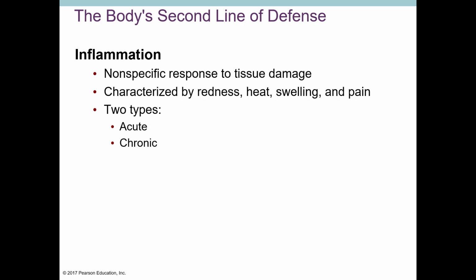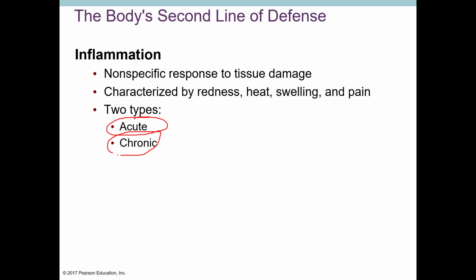A lot of inflammation is helpful, but really there are two types. The type that's helpful is the acute inflammation. Acute means short-lived. It serves its purpose and then it clears up. In an acute case, inflammation is helpful.